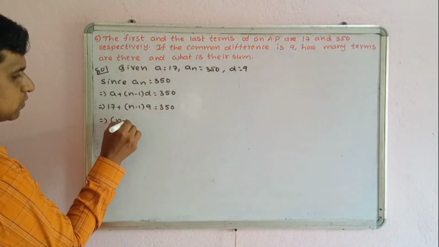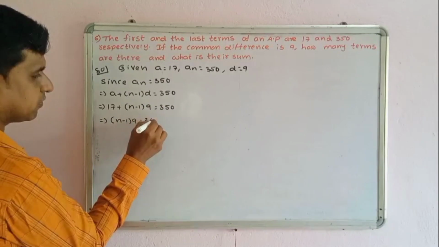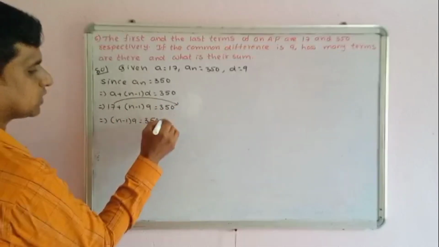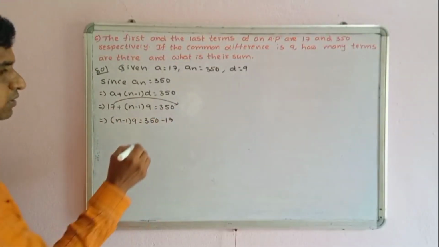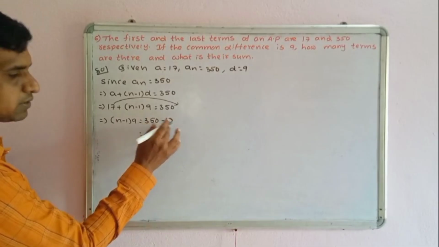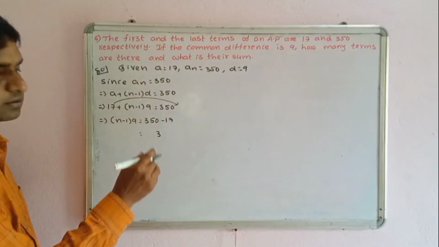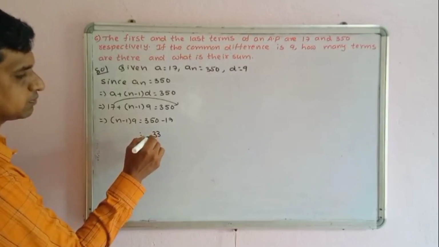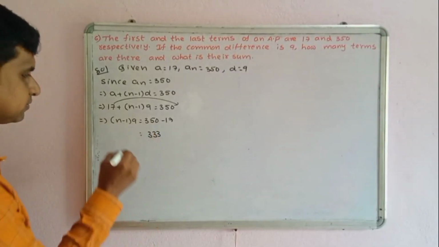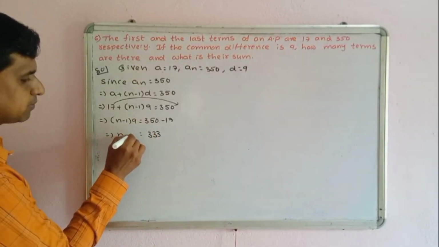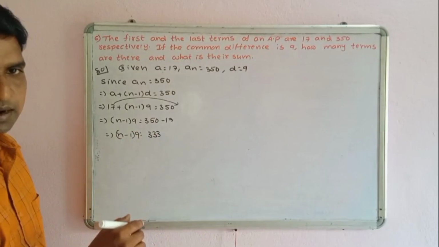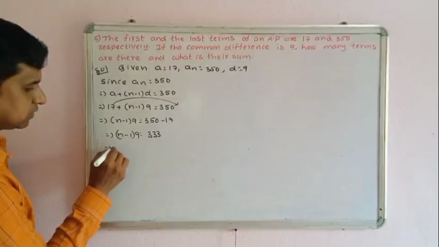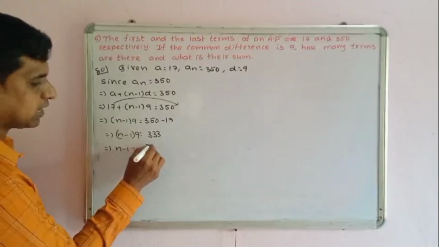So (n minus 1) into 9 equals 350. 17 transposes to the right side, minus 17. So 350 minus 17: 0 minus 7, borrow, 3. Here 4 is there, 4 minus 1 is 3. 333. (n minus 1) into 9 equals 333.